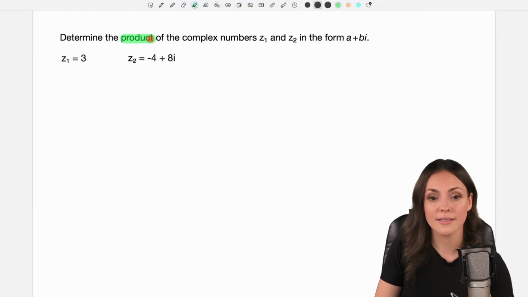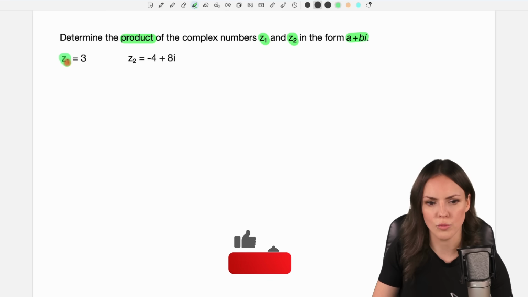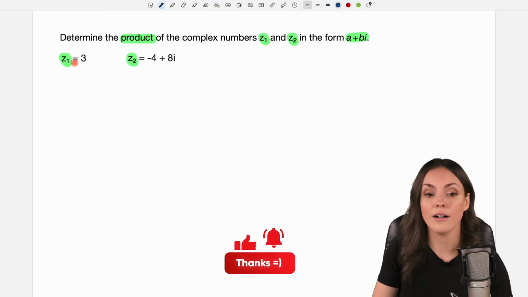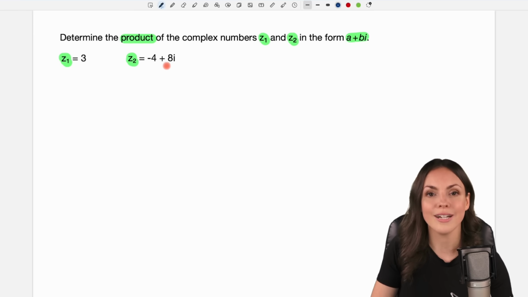Determine the product of the complex numbers z1 and z2 in the form a plus bi. These are our two numbers, z1 and z2, and we have to find the product of these two numbers and write the result in this form.